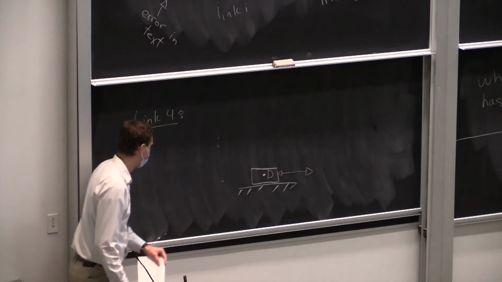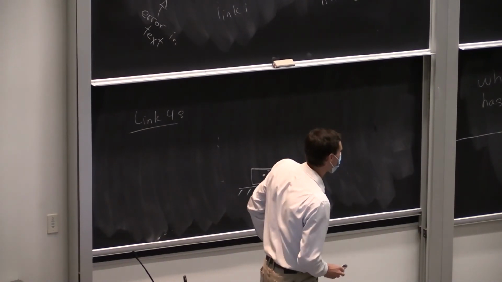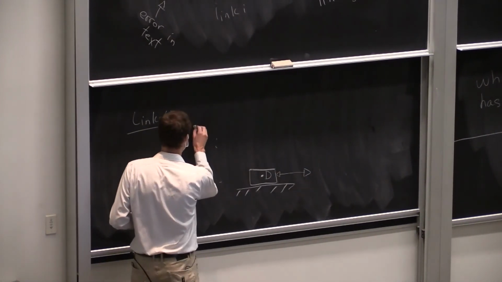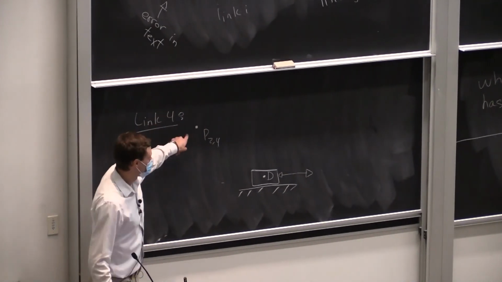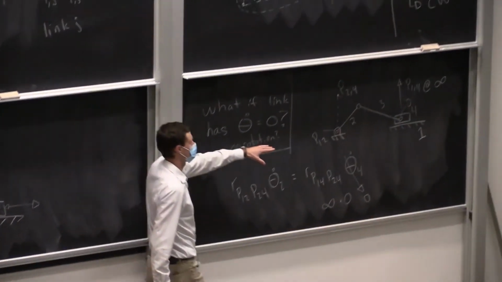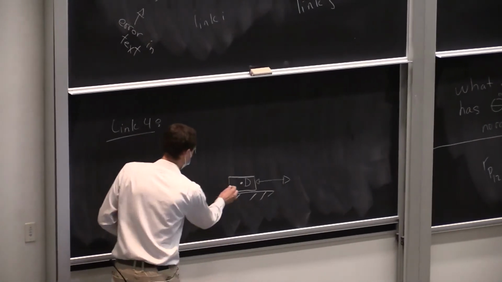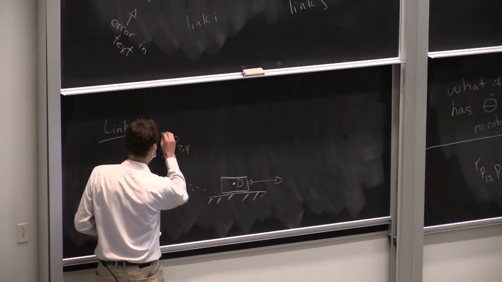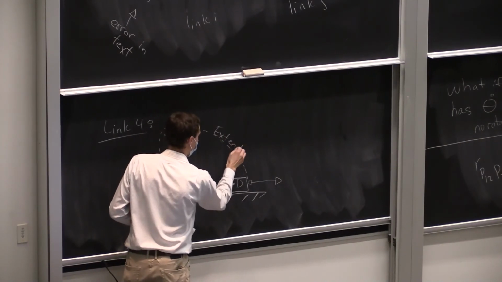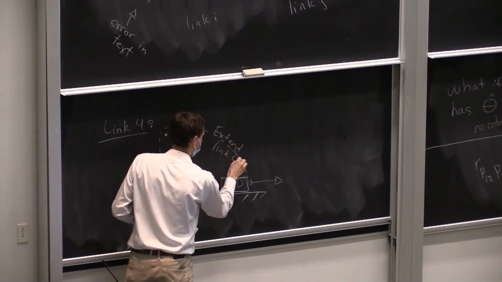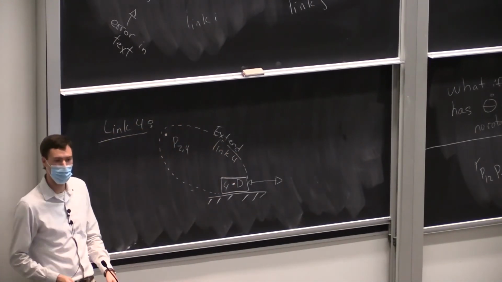And way over here on the left, P24, that's our point of interest. P24 is up here somewhere. So just copying link 4 and our transfer point, let's extend link 4 to include P24.